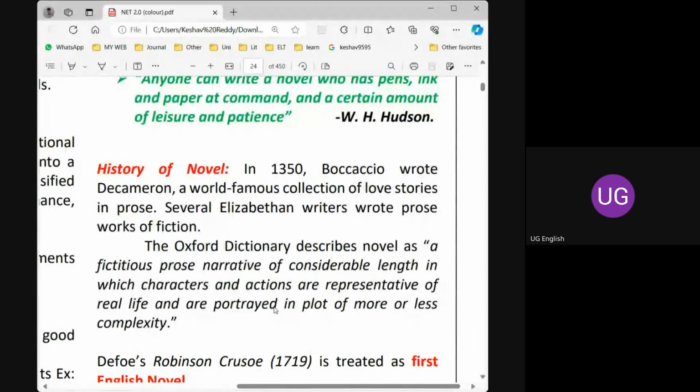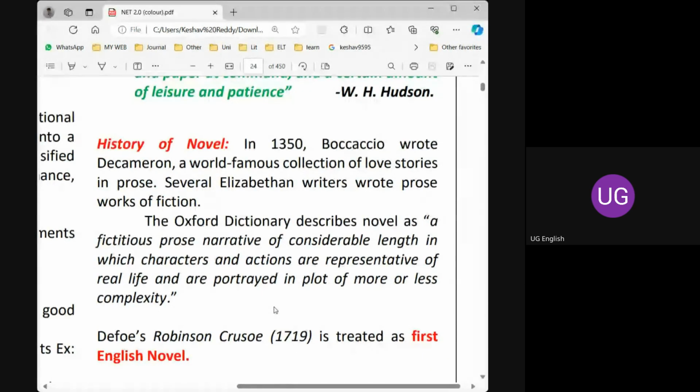We also discussed the history of the novel, that is from Boccaccio's Italian work, 1350, the famous work Decameron. Decameron is a collection of 100 stories. Please remember this one, 100 stories with 10 characters in it. There are 7 women and 3 men characters. These 10 people narrate the stories, and that is 100 stories.